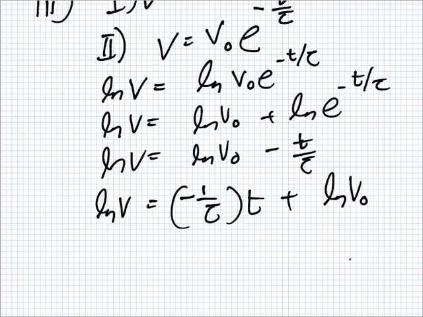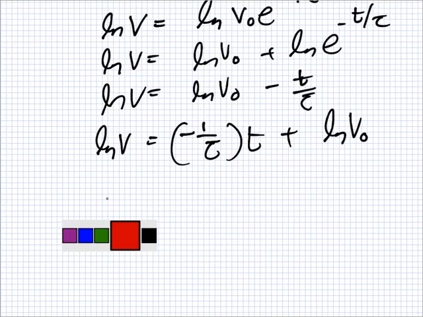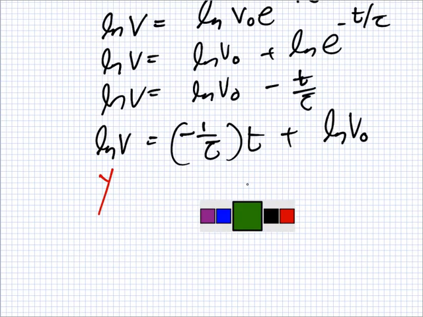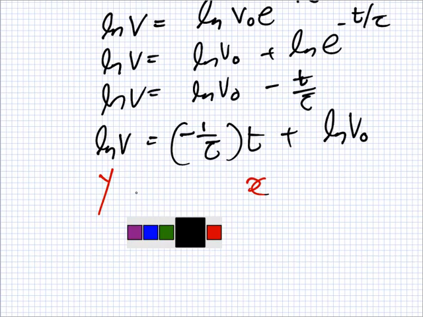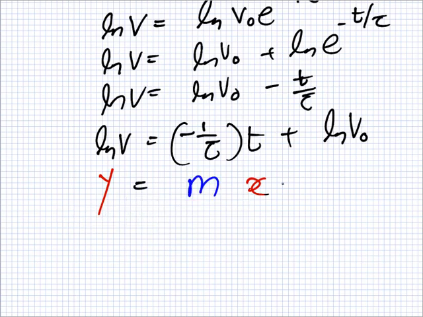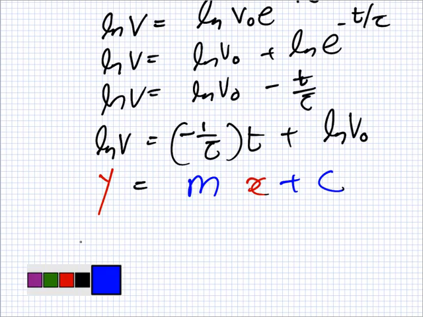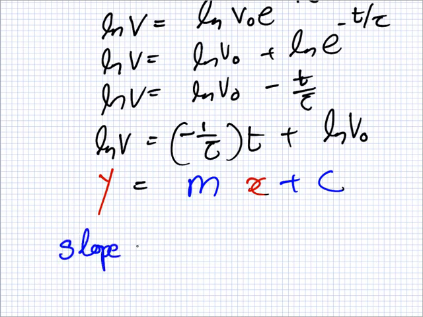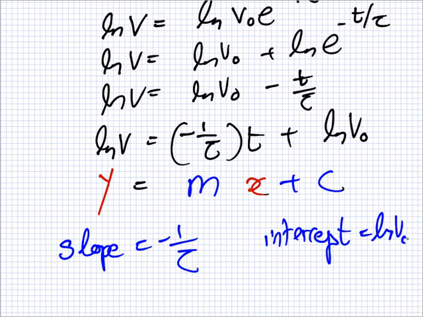If you plot log V on the y-axis and time on the x-axis, the slope is minus 1 over the time constant, and the intercept is log of the voltage at the beginning. That's the end of the proof for part 2.